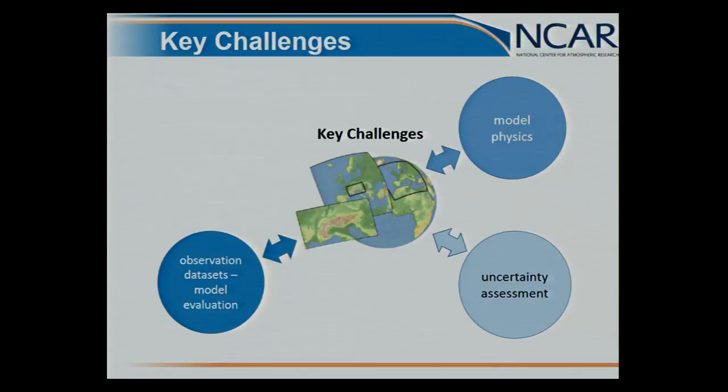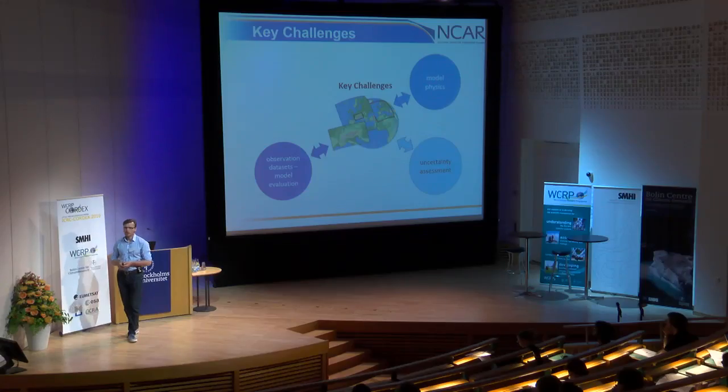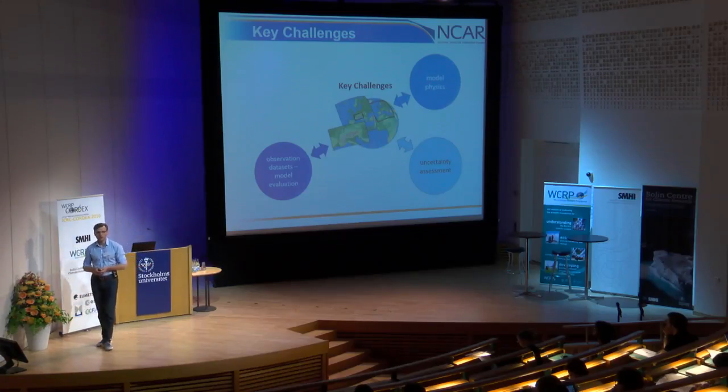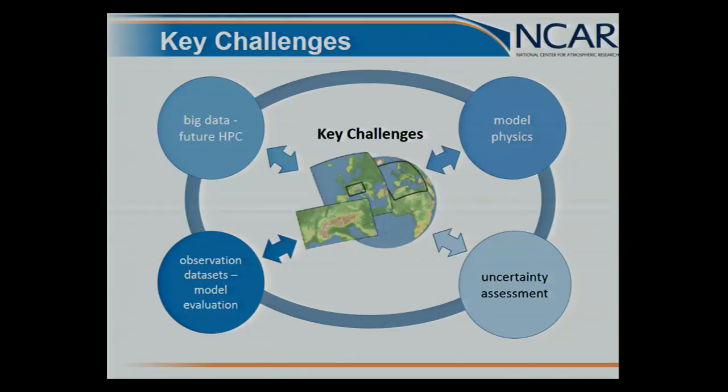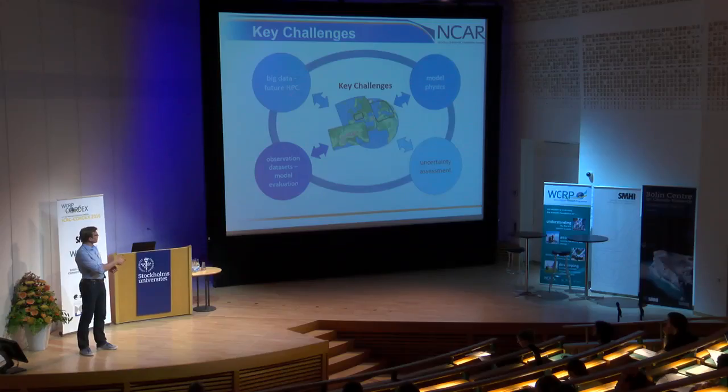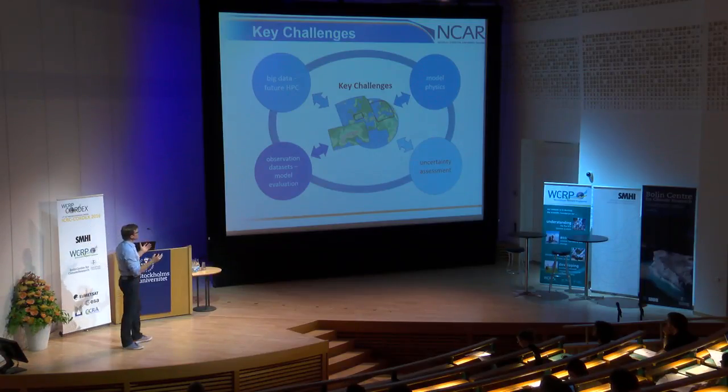Observational data sets and model evaluation, there are only a few regions on the globe where you have suitable observational data sets to evaluate your model. And the last point is big data and future high-performance computing. And the point that I wanted to make here is that I think at a single institute, you cannot really solve this kind of challenges. So you really have to work on this as a community.